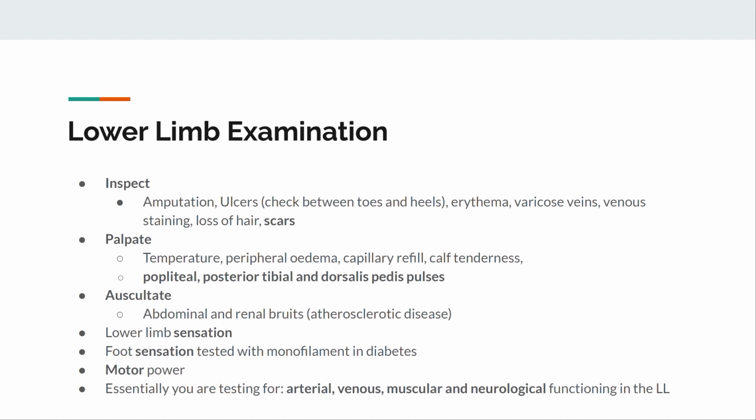You might not feel the popliteal pulse because it's very tricky, but if you practice the posterior tibial and dorsalis pedis on yourself, they're actually very easy. For dorsalis pedis, that one's typically okay, but for posterior tibial, I had a lot of trouble with that.